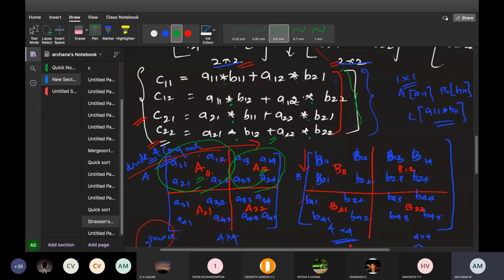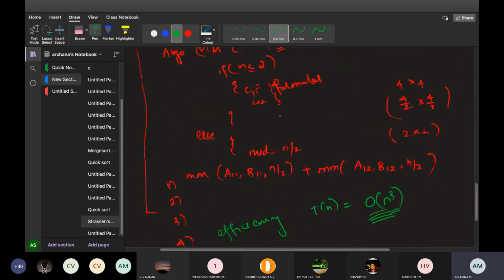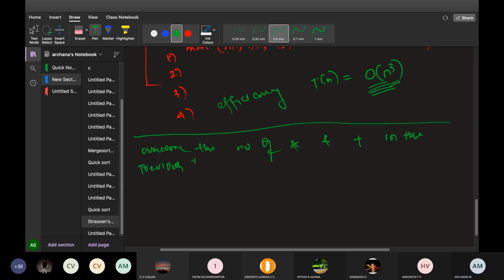So to overcome the number of matrix multiplications and additions in this normal general formula, Strassen gave some different formulas to reduce the number of multiplications and additions in the previous formulas.